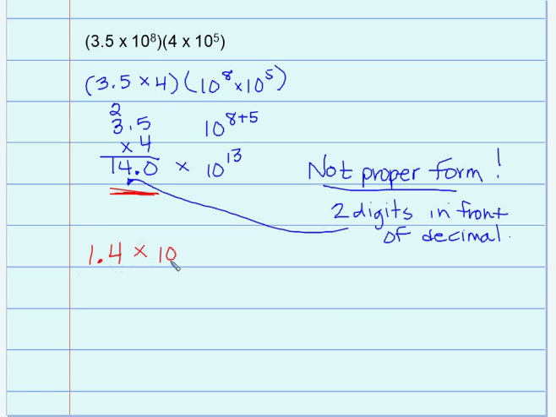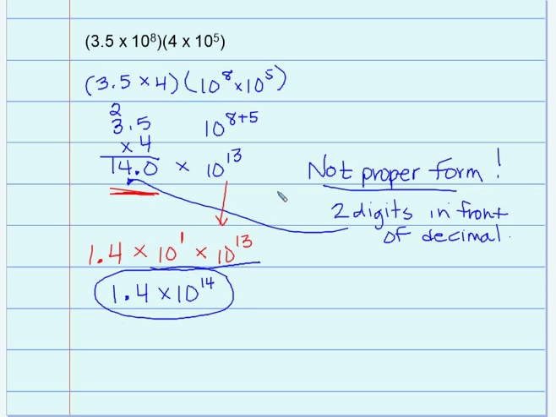So 1.4 times what power of 10 will move the decimal one place over to get 14? It'd be a power of 1. But it's still times 10 to the 13th power. And so then we need to combine these so that we have 1.4 times 10 to the 14th power.